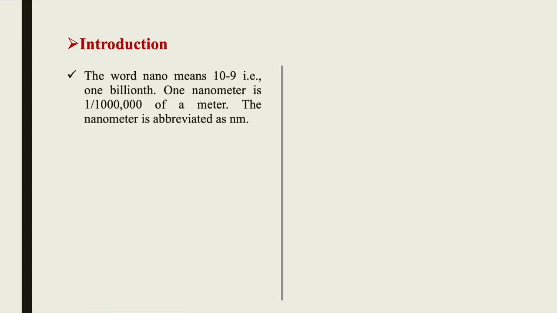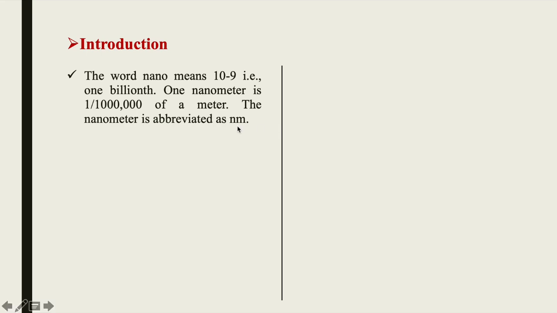So the word nano means 10 to the power minus 9, that is 1 billionth. 1 nanometer is 1 billionth of a meter. The nanometer is abbreviated as nm.